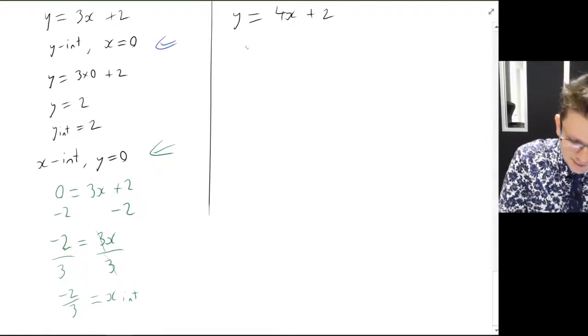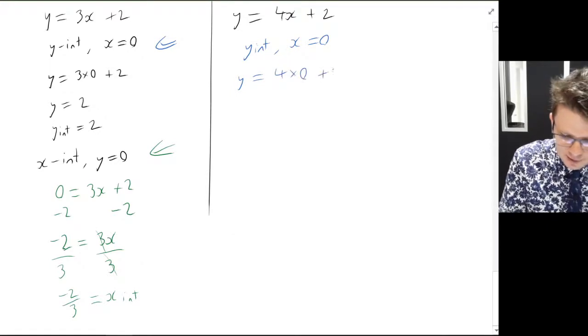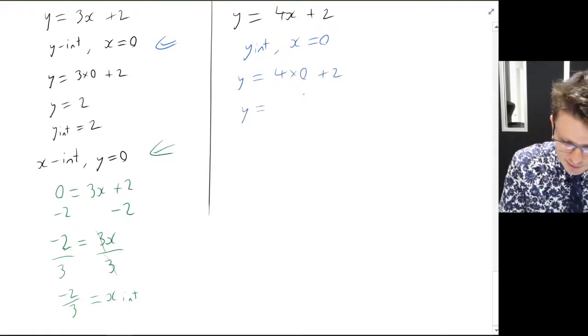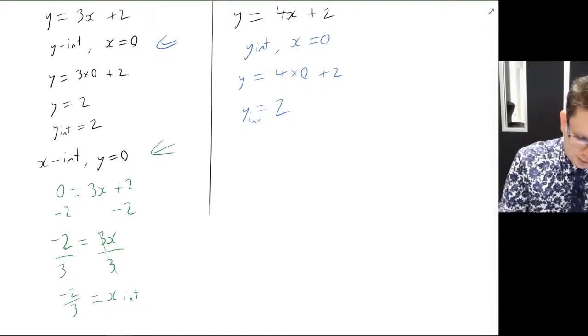Alrighty, so for the y-intercept, we're going to go x equals 0. So we get y is equal to 4 times 0 plus 2. 4 times 0 is nothing, plus 2 is 2. So my y-intercept is 2. What about my x-intercept?